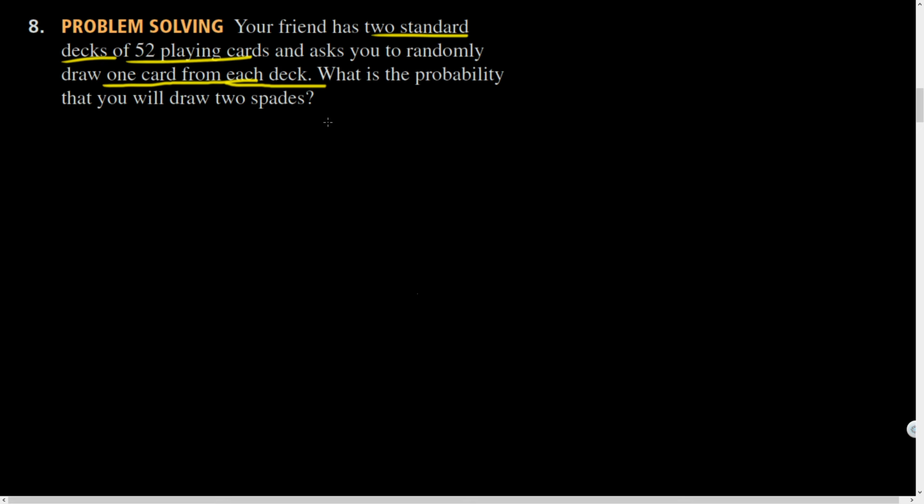What is the probability that you will draw 2 spades? Spades are one of the 4 suits in a deck of playing cards. There are 13 in the first deck out of 52, and then 13 in the second deck out of 52. Man, oh dear. I'm accidentally approaching this using a skill that I haven't taught you yet, and so now I'm worried.